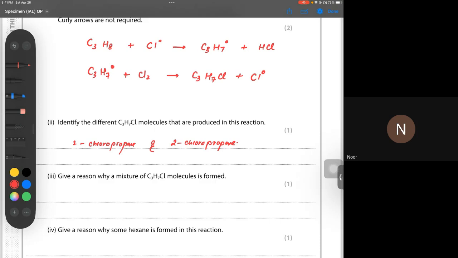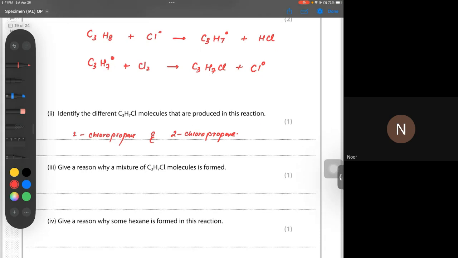Give a reason why a mixture of C3H7Cl molecules is formed. You can say that we have a chlorine radical, and the chlorine radical removes hydrogen.